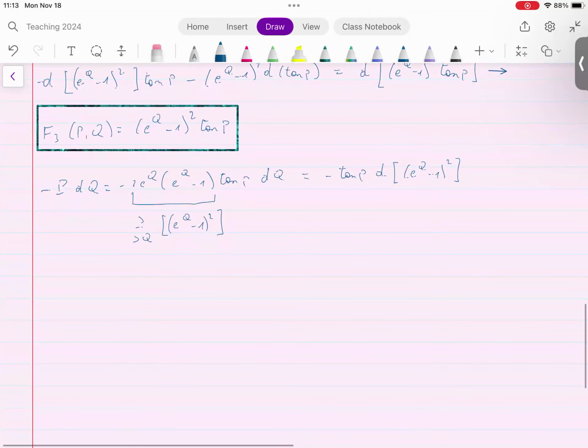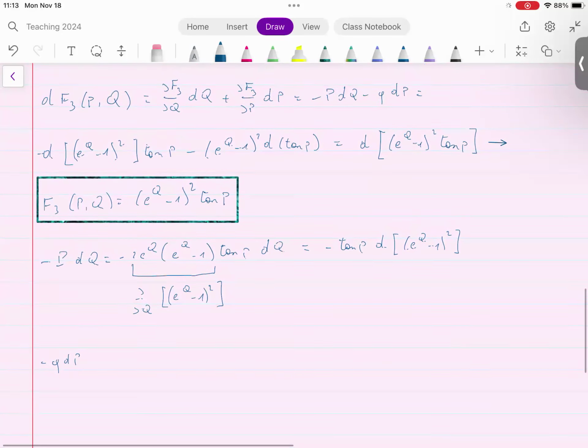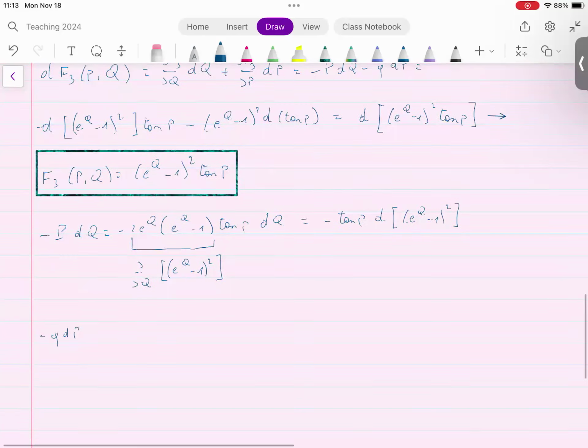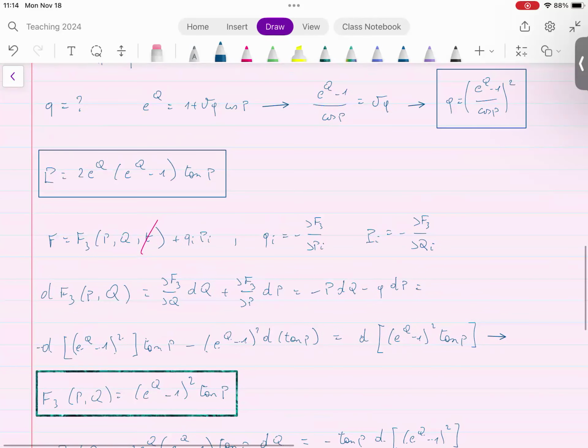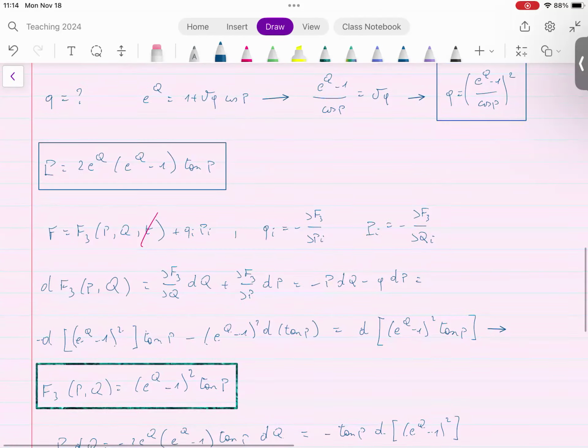And the other piece you do exactly the same way, minus q dp. The piece we have there is the expression for q. Now, the expression for q I'm going to use is this one.